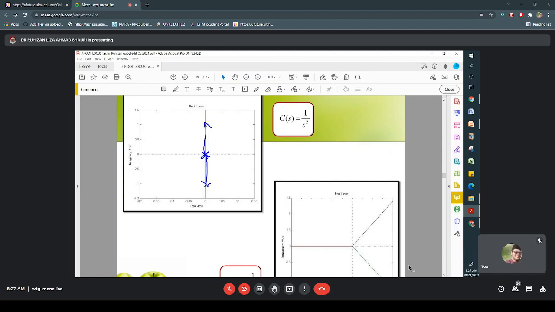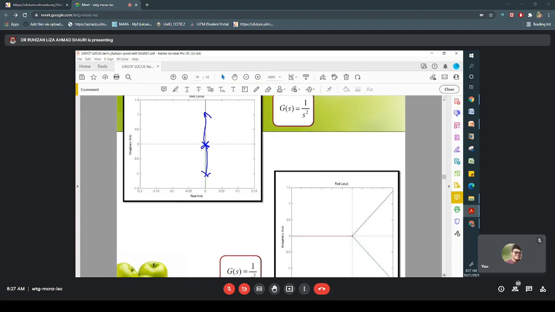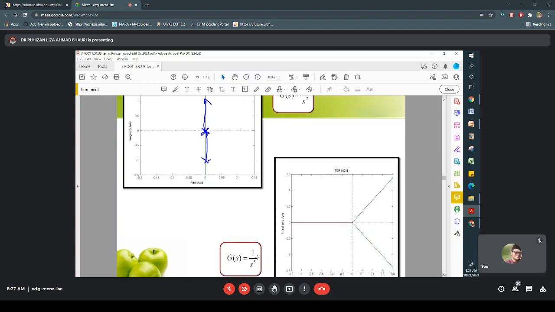Now next. Let's look at what you have here. You have 3 open loop poles at 0, right? So you need to draw 3 branches. The pole is at 0, the origin, s equals 0, so you have 3 cross marks at the same point.